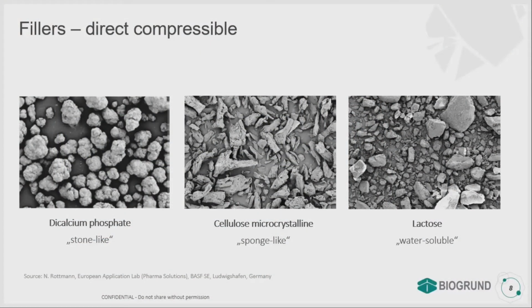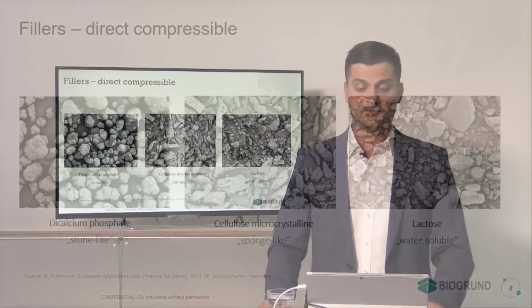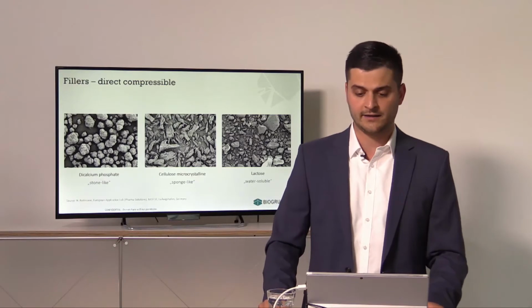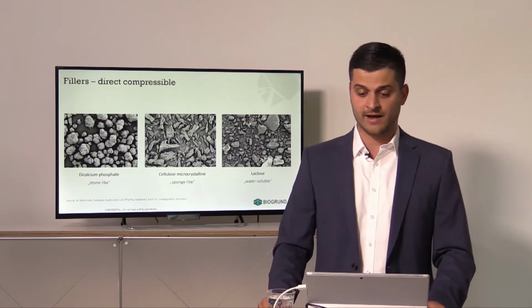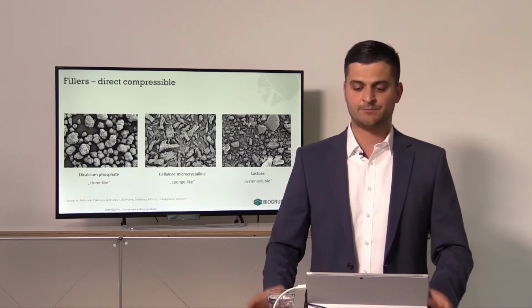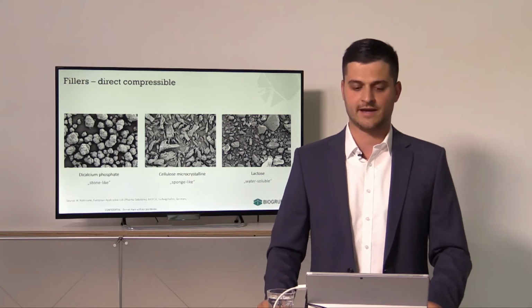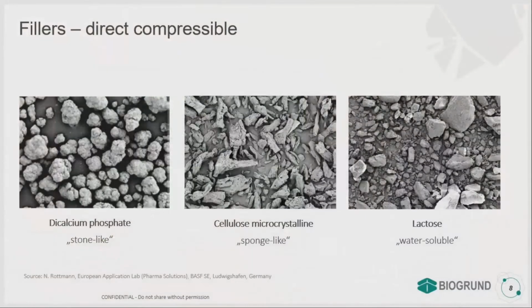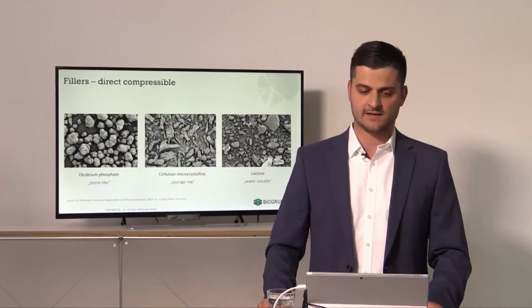Microcrystalline cellulose is spongy-like, ductile, belongs to the plastic deformable compounds, has really good binding functions, but due to the sharp edges, it prevents a good flow of the powder at the end. Then the third one, lactose, is also plastic deformable, suitable for wet granulation, but on the other hand, not inert with amine drugs. This is really important.